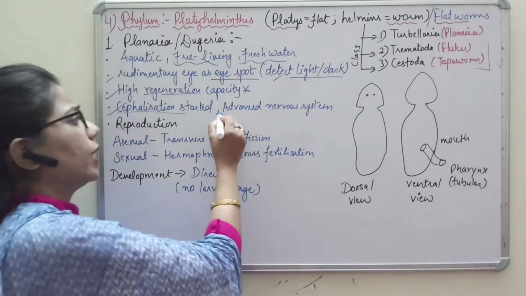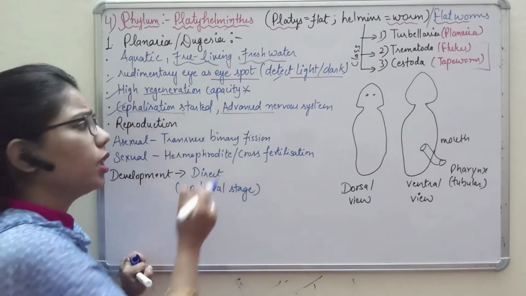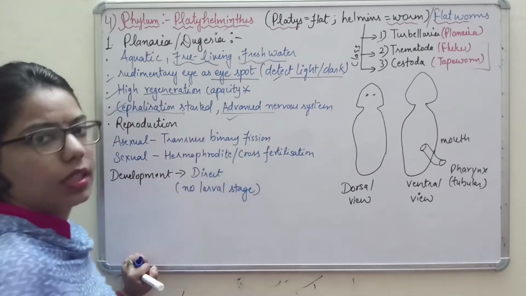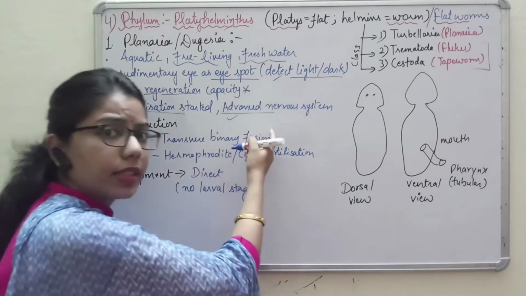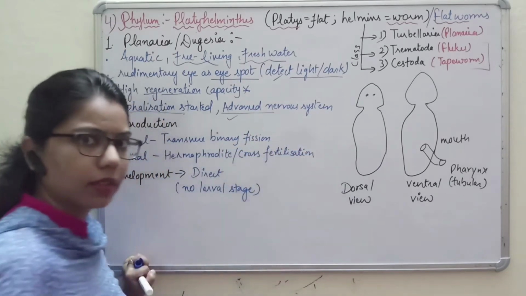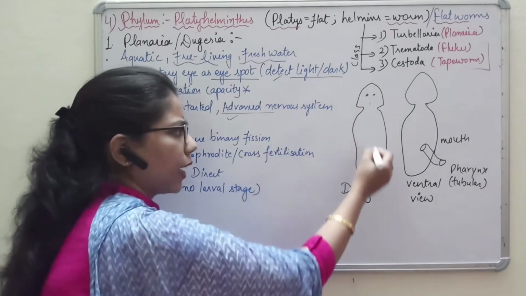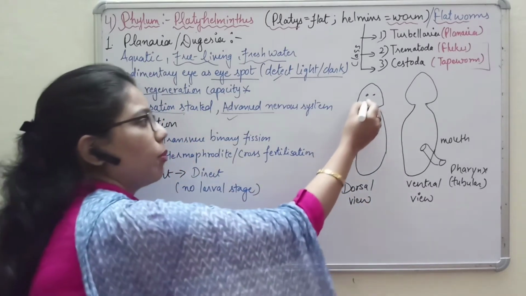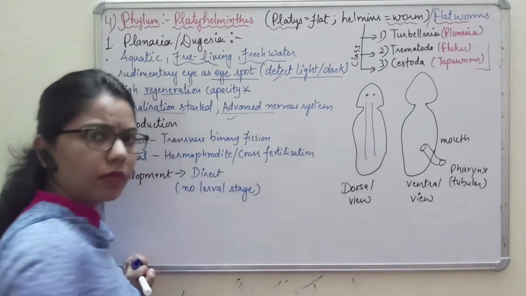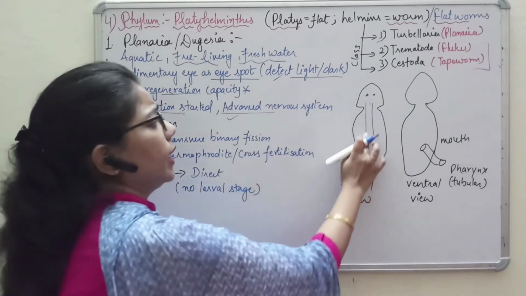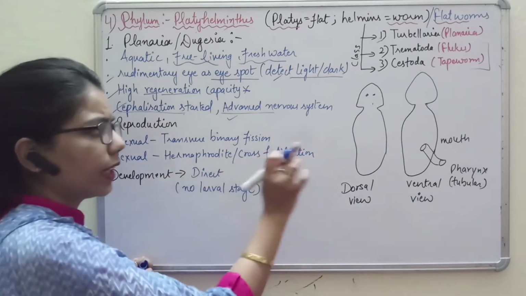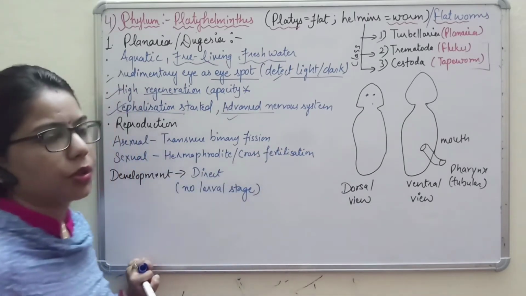Now if there is some cephalization, some advanced nervous system is also present, which we have discussed, like a ladder-like nervous system in the case of Planarians. यहाँ से एक axon move करेगा up to the posterior part, और इस तरीके से form करेगा. So they have a nervous system which is ladder-like, and these ladders are connected with transverse commissures.